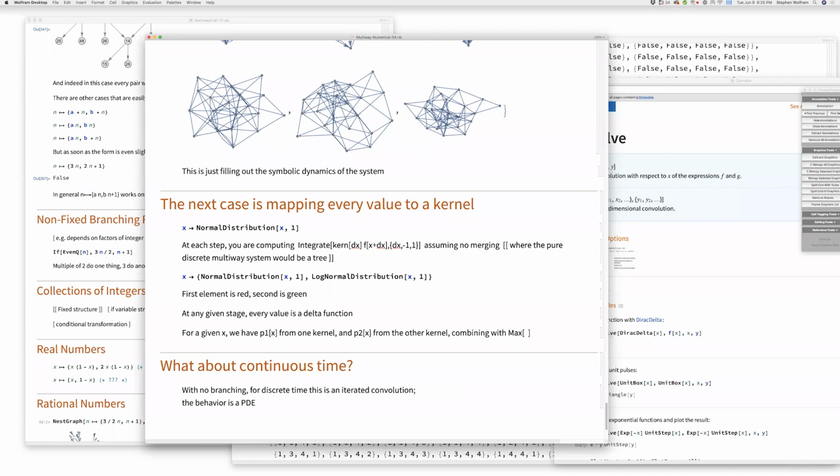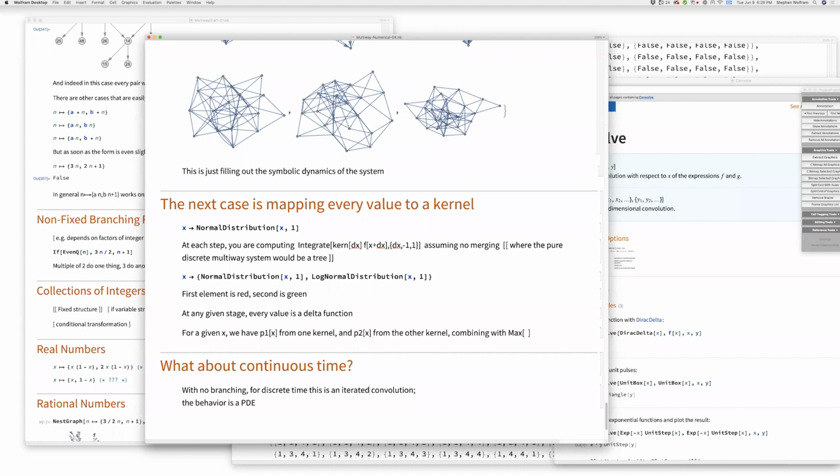Sure. So what is the continuum limit of an iterated convolution? But wait, in the continuous time case, you're asking about the situation where the initial condition is not a state; it's an interval. Yes. Then fine, it's a PDE. Otherwise, it's just a PDE with a delta function initial condition. Notice though that a PDE is a very specific class of things that have been made nice for the case of continuous time.